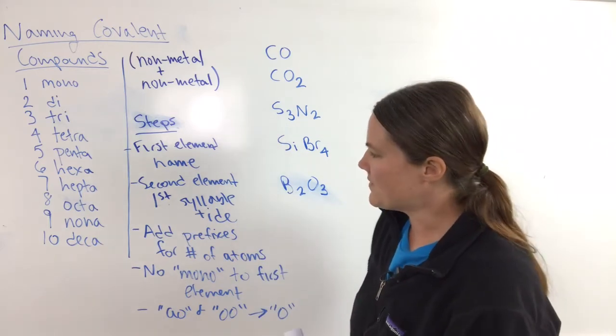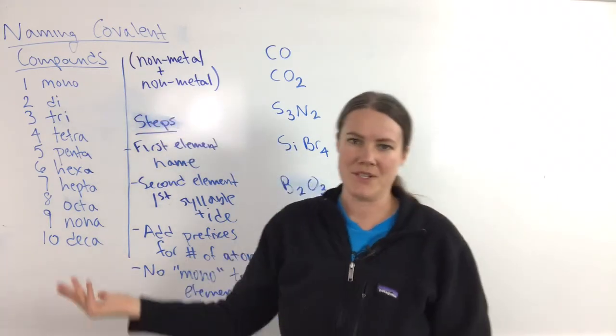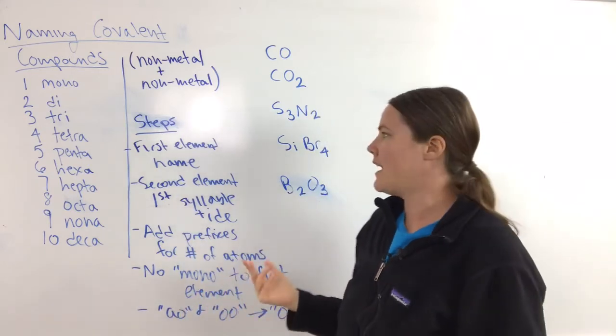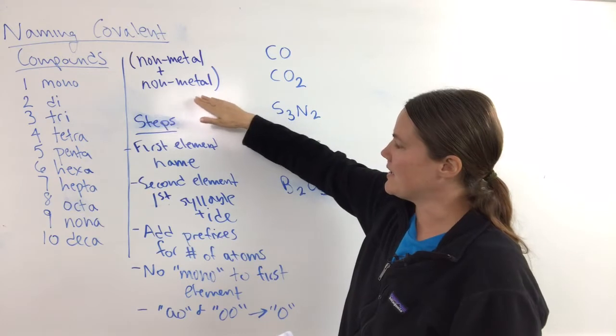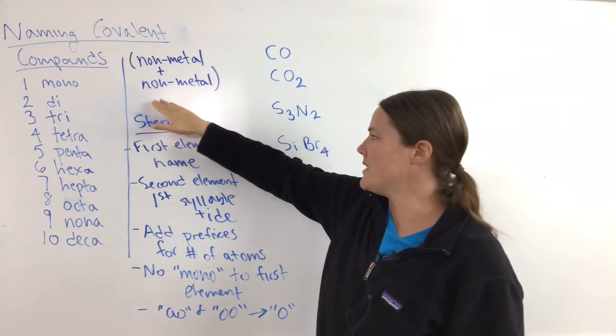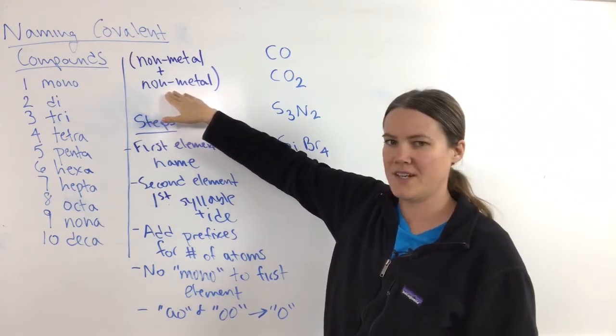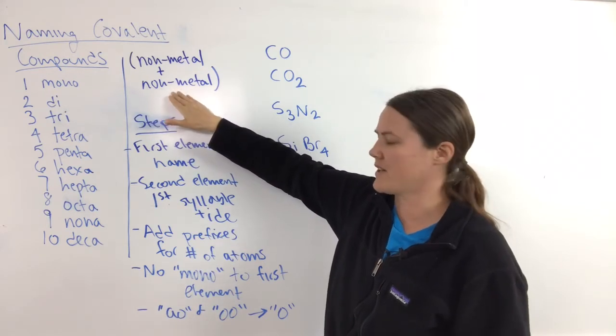The first thing you want to do is figure out, do I have an ionic or a covalent compound? Remember that if you have a nonmetal and a nonmetal, you have a covalent compound.